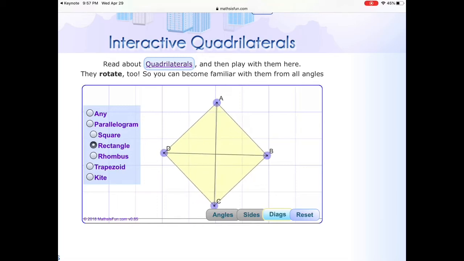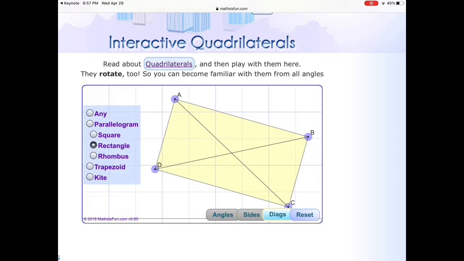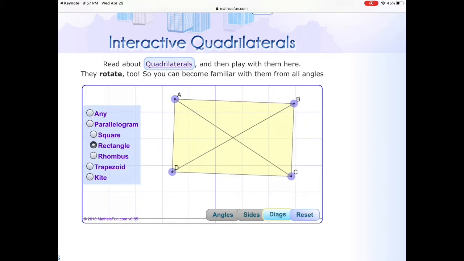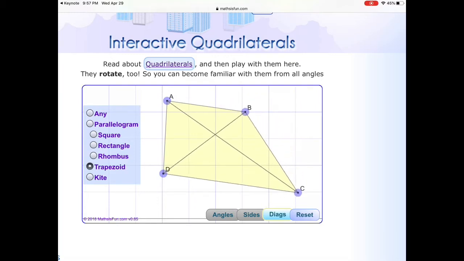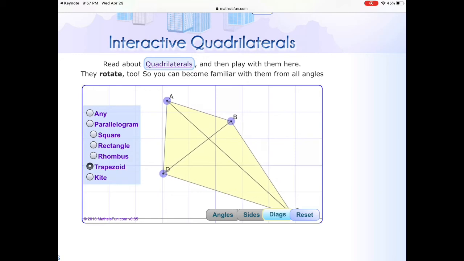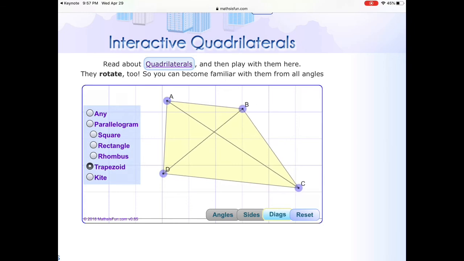But if I switch to a rectangle that's not a square, so if I make the sides not congruent, then you can see that the diagonals still bisect each other, still cut each other in half, but they aren't anymore at a right angle. If I go with something like a trapezoid, then the diagonals don't necessarily bisect each other, they don't cut each other in half, and they don't necessarily meet at right angles.